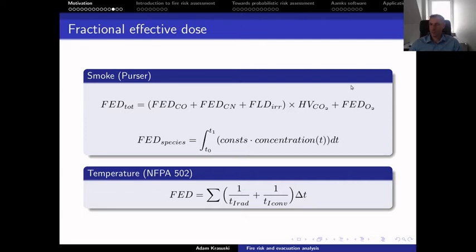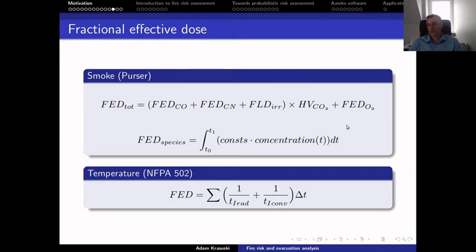Also, it takes into account the hyperventilation effect of high concentration of carbon dioxide and also the suffocating effect of low concentration of oxygen. And so this fractional effective dose is the sum of partial effective doses of the gases which we take as toxicants and also some irritant gases.